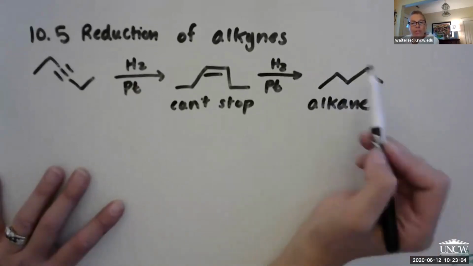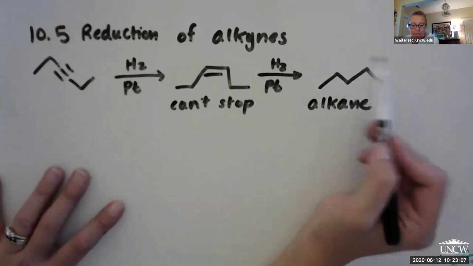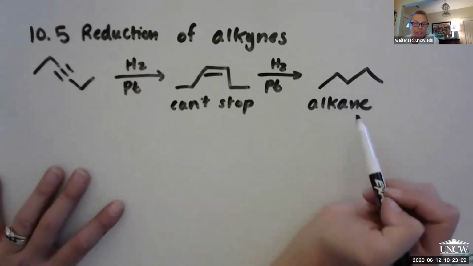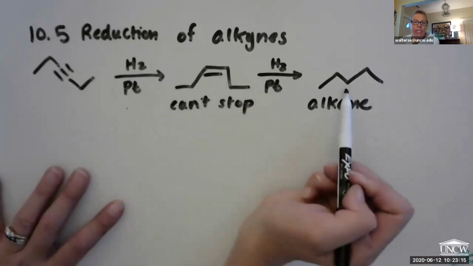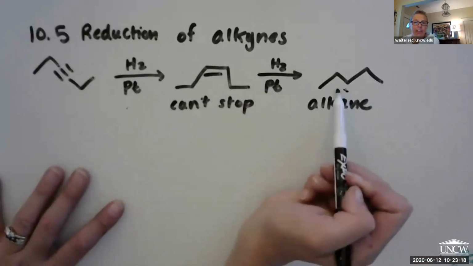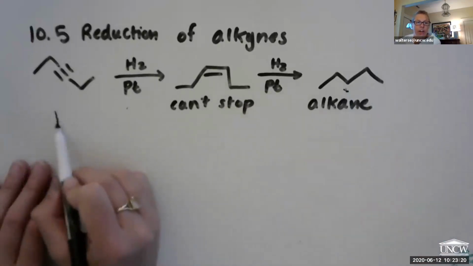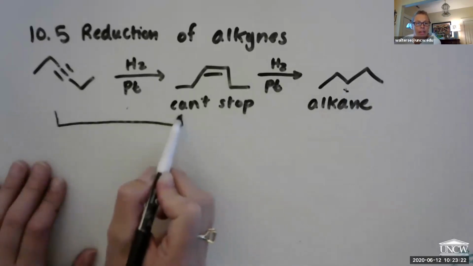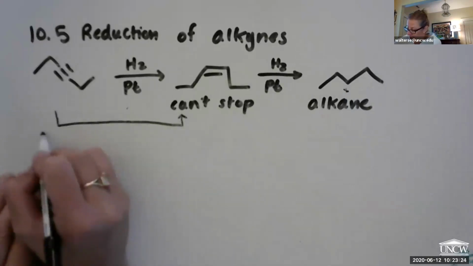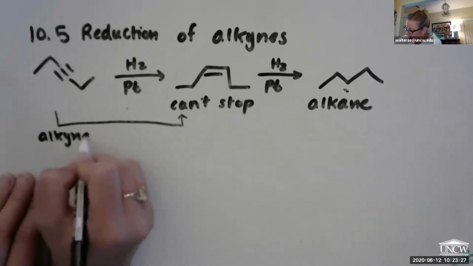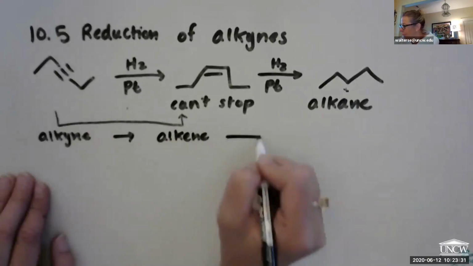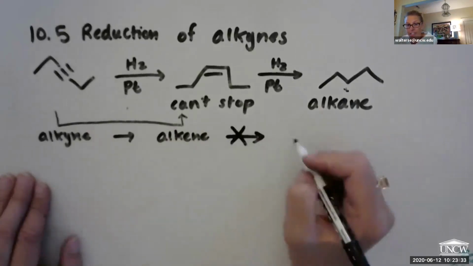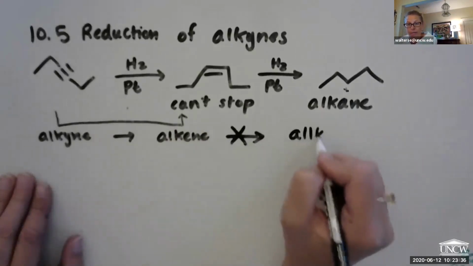The problem with making the alkane is there's really not a whole lot that you can do with an alkane. You can burn them, you can use them as solvents, but you've lost all your reactivity if you get all the way to the alkane. What we need to do is figure out how to stop at an alkene. We want to go from an alkyne to an alkene that will not, under further conditions, go to the alkane.